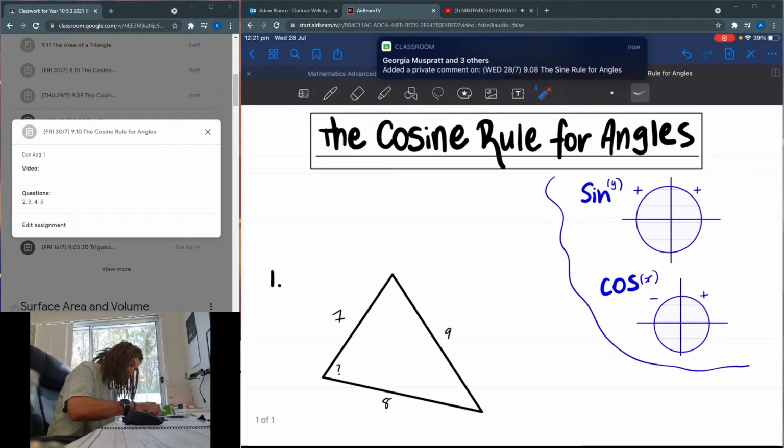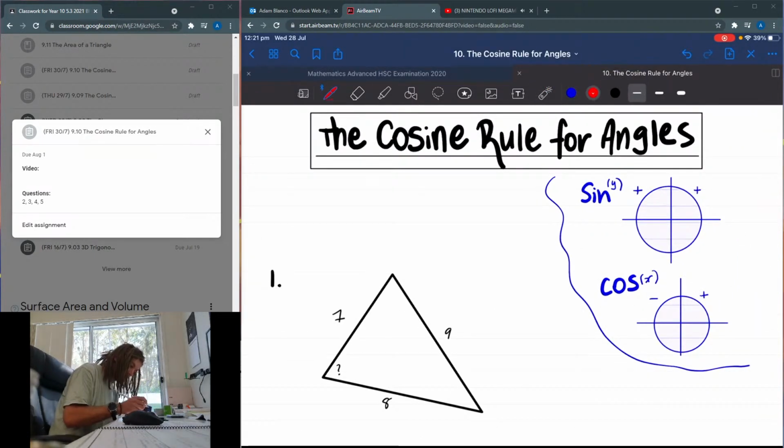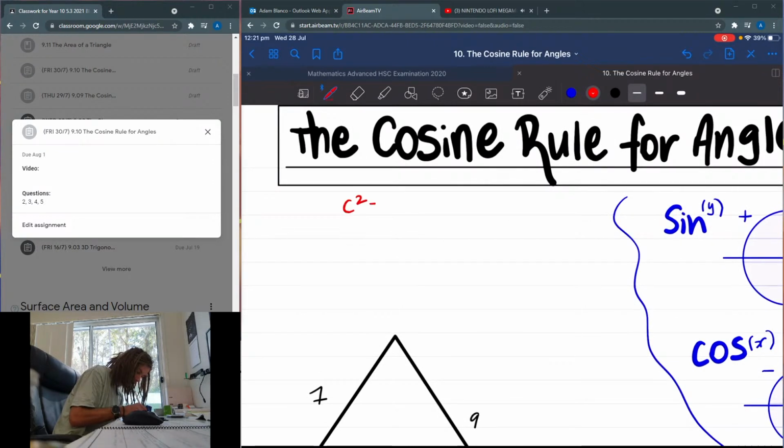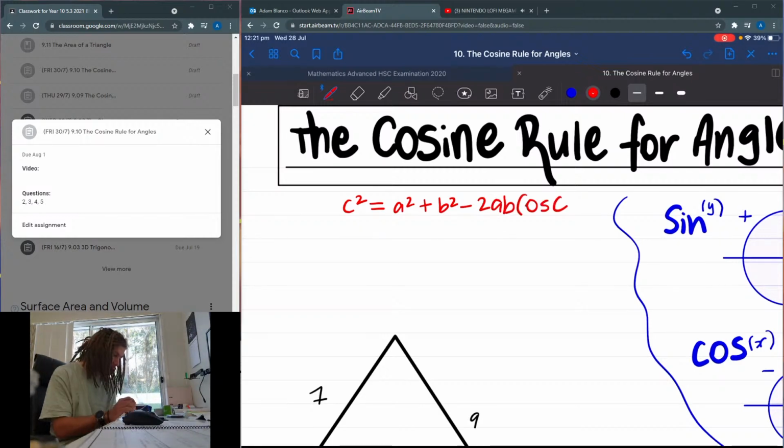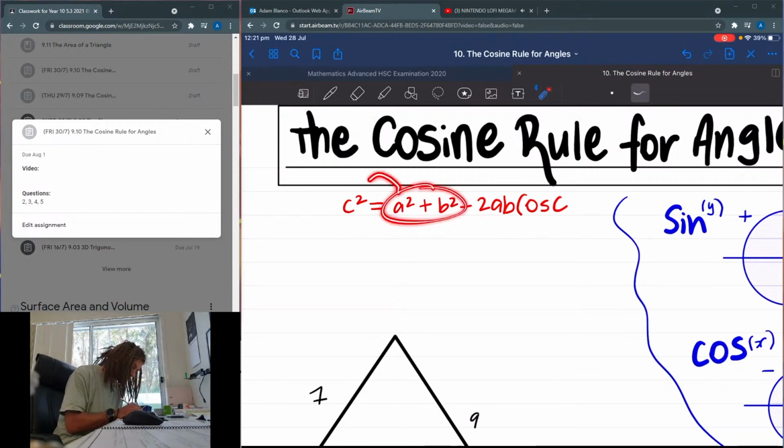Now, hi Georgia. Let's just recap. So c squared equals a squared plus b squared minus 2ab cos c. That was the cosine rule. Now, I want to find an angle, which means I want this to be by itself. So I'm going to rearrange. I'm going to move those two over there.